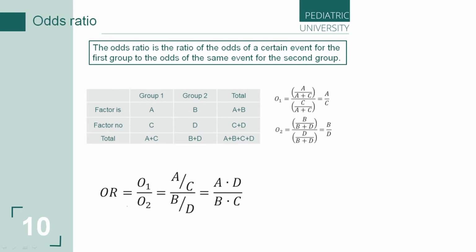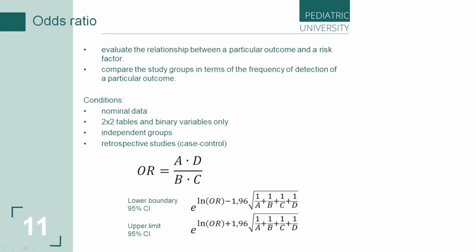The advantage of the odds ratio is that it allows us to estimate the relationship between a particular outcome and a risk factor, and it allows us to compare groups of subjects by the frequency with which a particular outcome is detected. We can use the odds ratio under certain conditions.